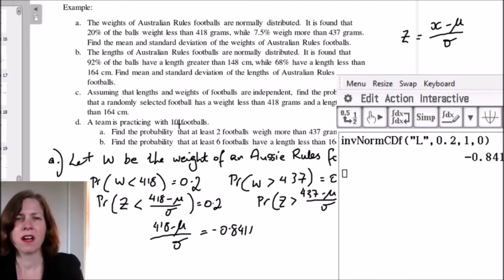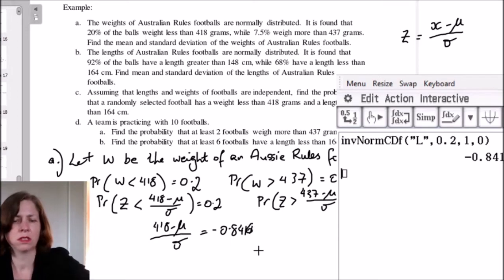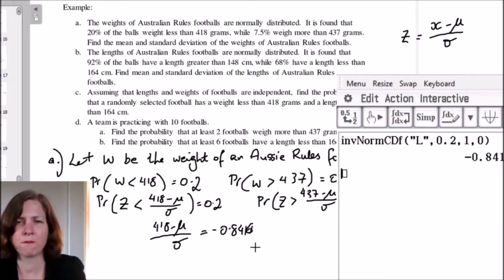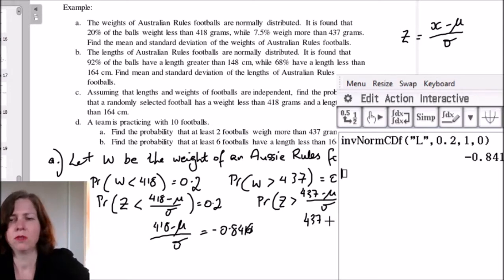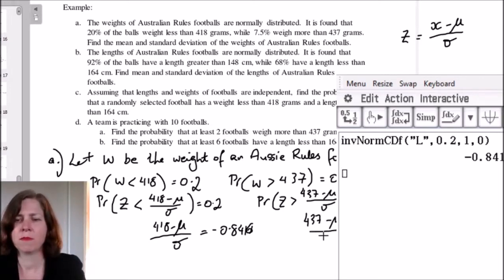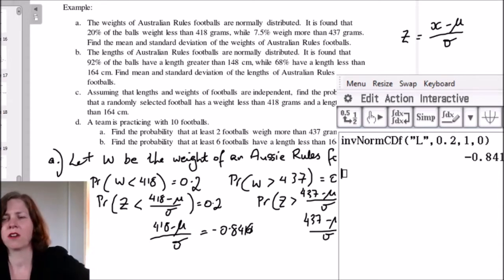Now, this question doesn't say how many decimal places I'm going to, so I'll go to 3 in my final answer, so I'll go to 4 for now. Similarly here, I'm going to have 437 minus mu over sigma equals, and I need to calculate that.